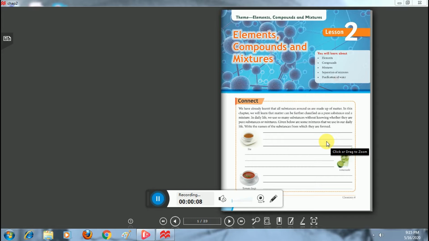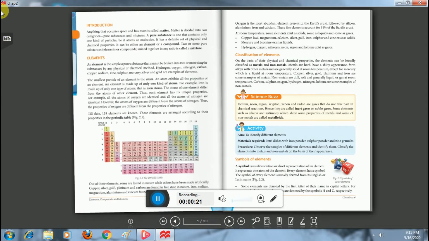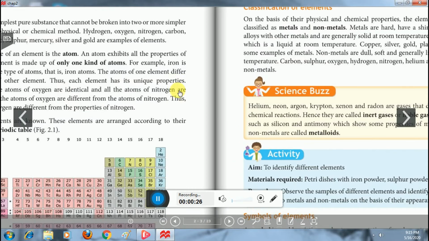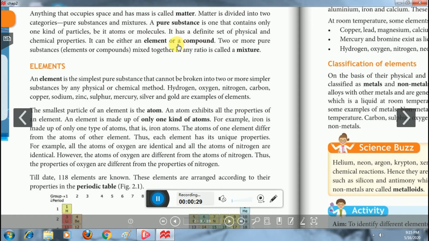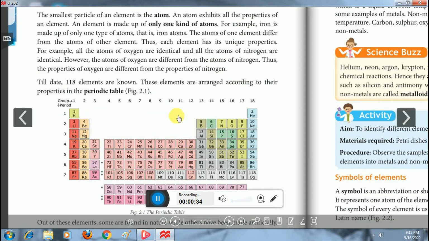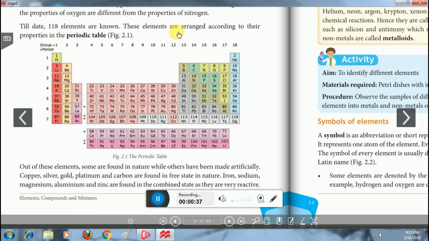In the last video we started lesson 2 for your half-yearly syllabus, and the theme of this chapter is elements, compounds and mixtures. In the previous class I introduced pure substances, element, compound, mixtures, and we learned about the arrangement of 118 elements, which is typically termed the periodic table.